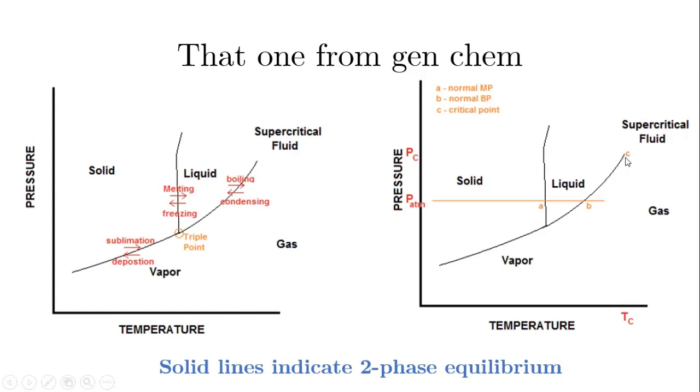So any temperature above the critical point, and above the critical pressure, will have a supercritical fluid. Supercritical fluid, you can think of it as, quote unquote, another phase, but it's basically an indistinguishable fluid that has some liquid-like and some gas-like properties. So we will discuss supercritical fluid as well.